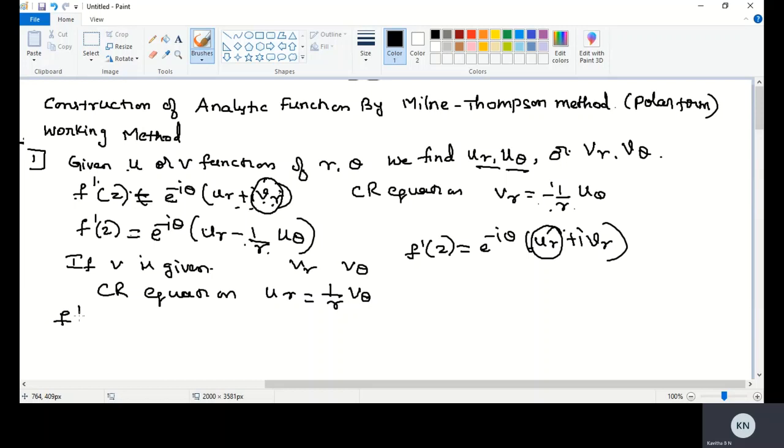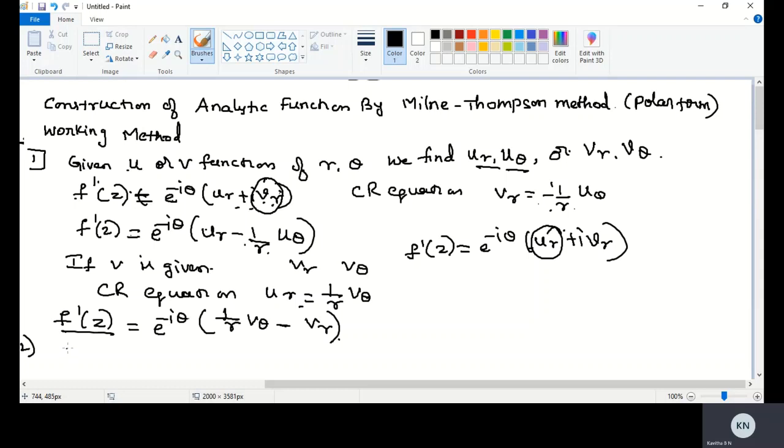Means f dash of z is equal to e to the power of minus i theta, in place of ur, 1 by r v theta, plus i Vr.